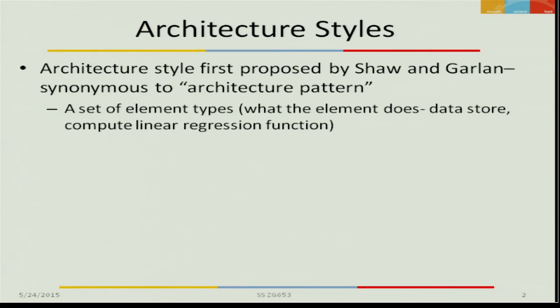An example is that you could have an element which is basically storing the data. You could have another element which could compute a linear regression function which will be used by some other modules. So this is an example of an element.